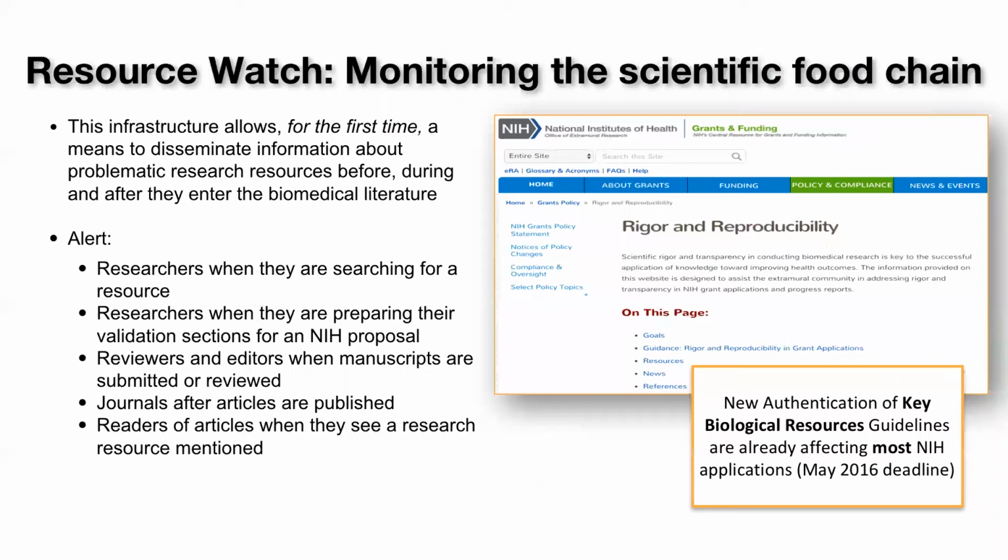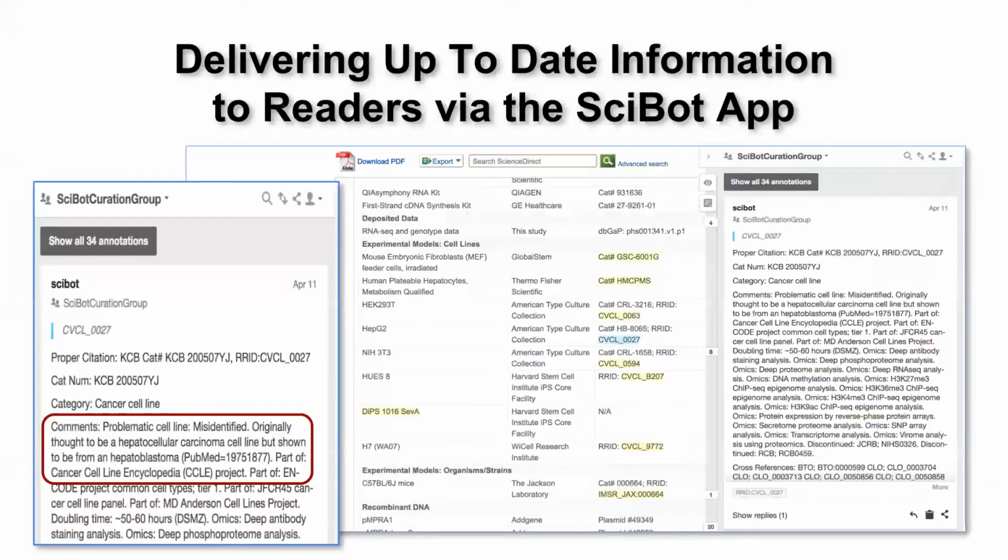And the infrastructure that I just described and some of the tools really for the first time allows the easy dissemination about problematic resources before a study is going on, even during a study, and then after, once they are in the biomedical literature.